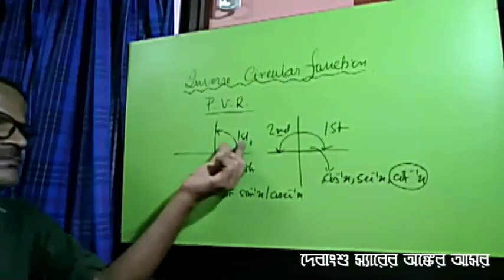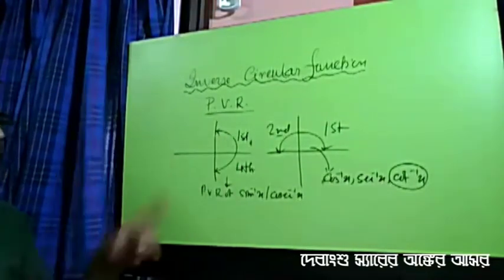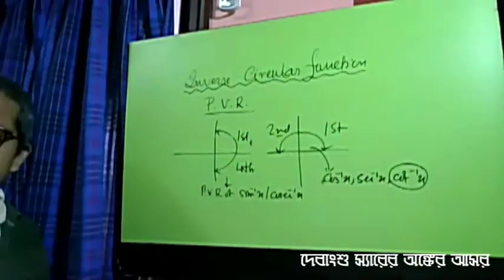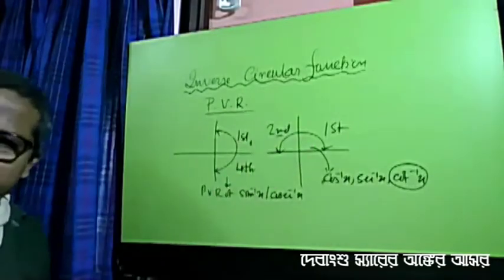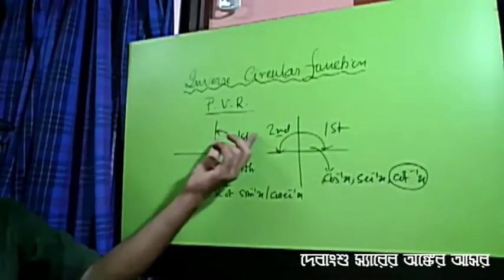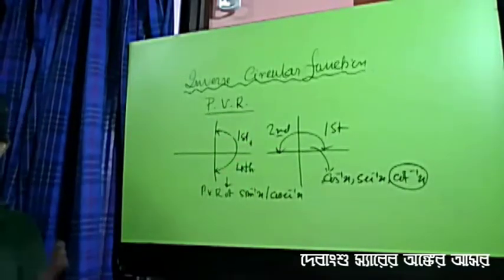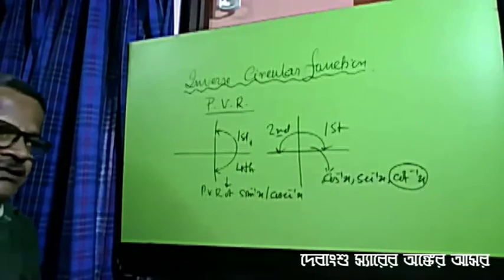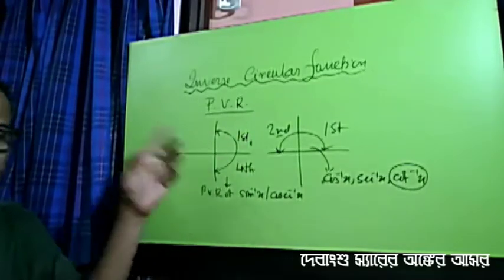What is the logic behind choosing this? You have to choose first quadrant for positive values of x. For positive values of x, all positive values lie in the first quadrant, because in the first quadrant all t ratios are positive. And you have to choose a quadrant adjacent to the first, that is either second or fourth.